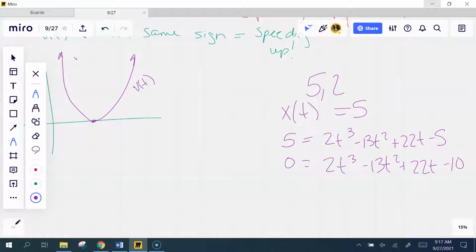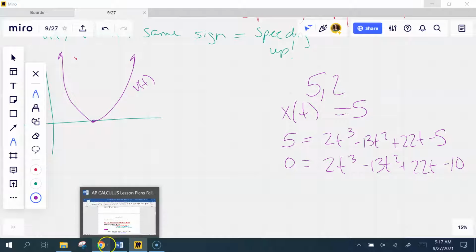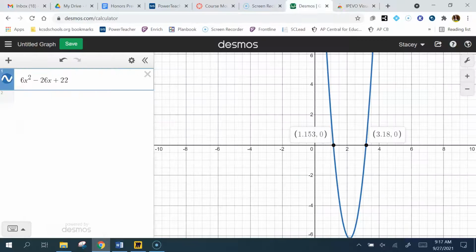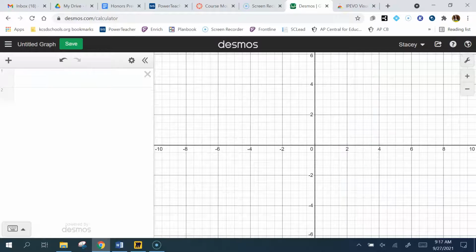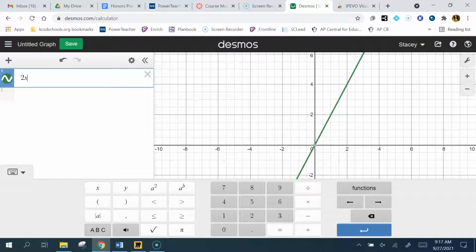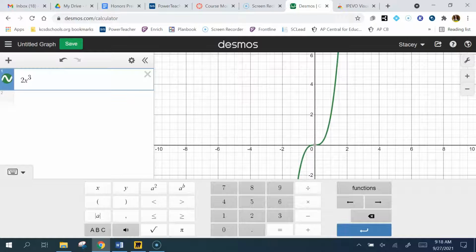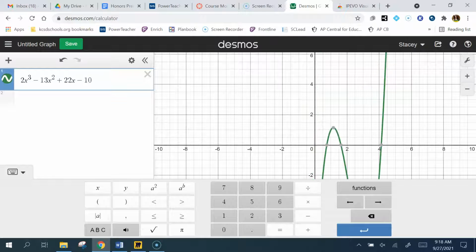I would do this on my calculator. Set it equal to 0 so I can find where it crosses. So it's 2t cubed minus 13t squared plus 22t minus 10.